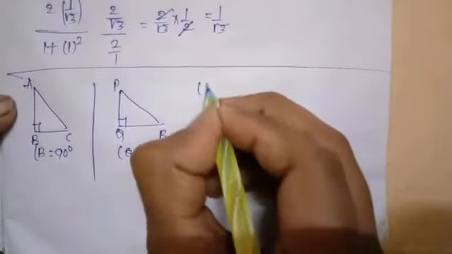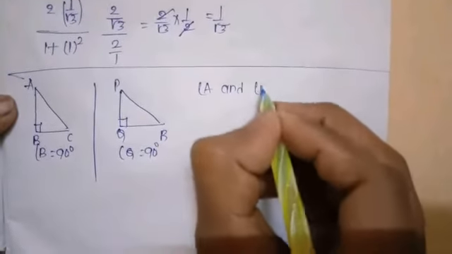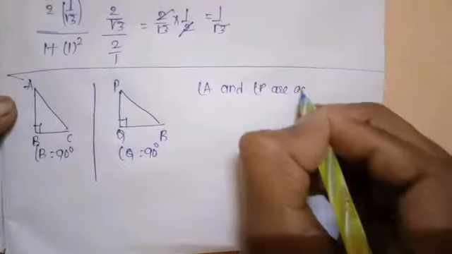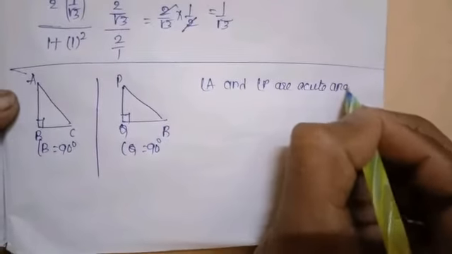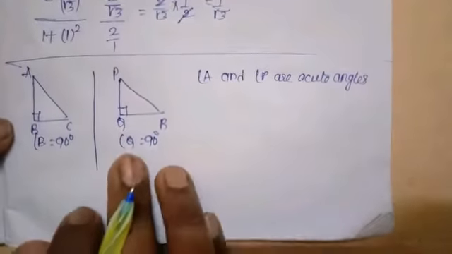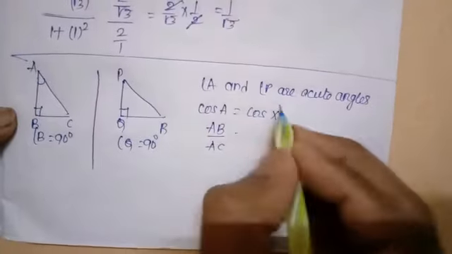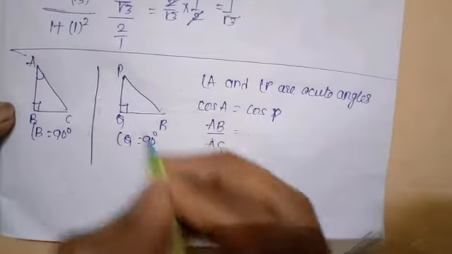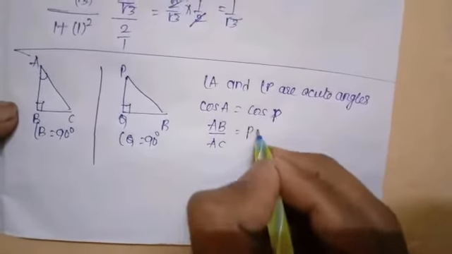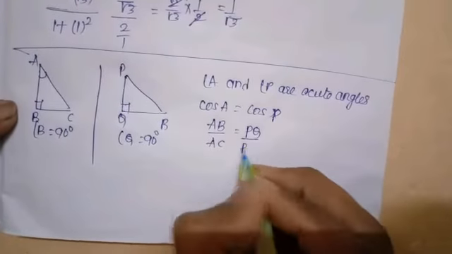They are given that angle A and angle P are acute angles. They also give cos A is equal to cos P. We know that cos A is equal to adjacent to A, AB, by hypotenuse AC. Here cos P is adjacent to P, PQ, by hypotenuse PR.